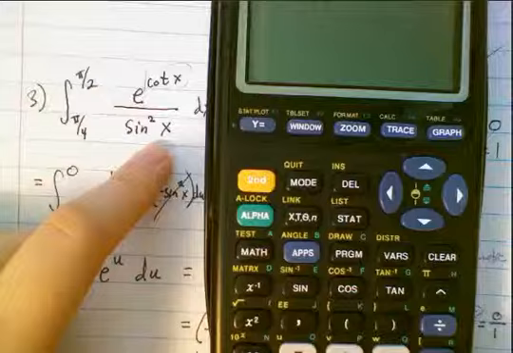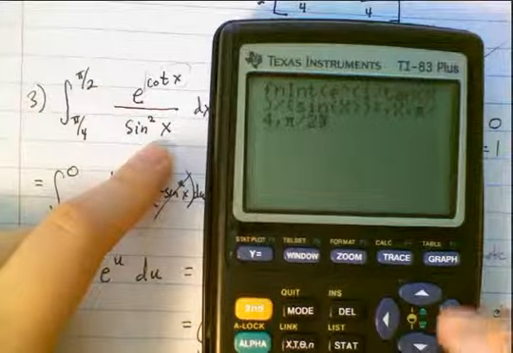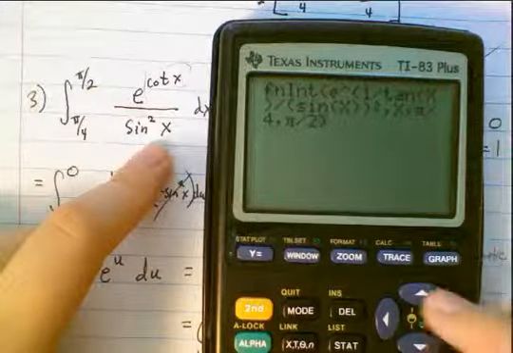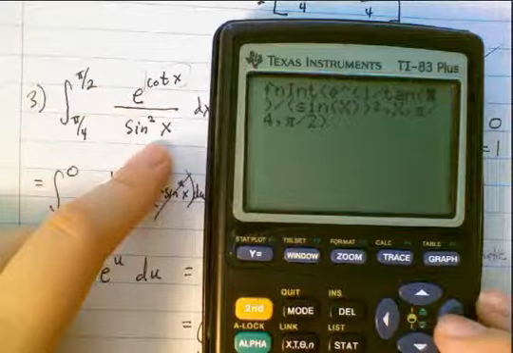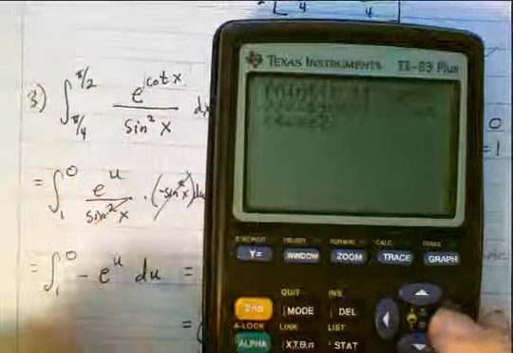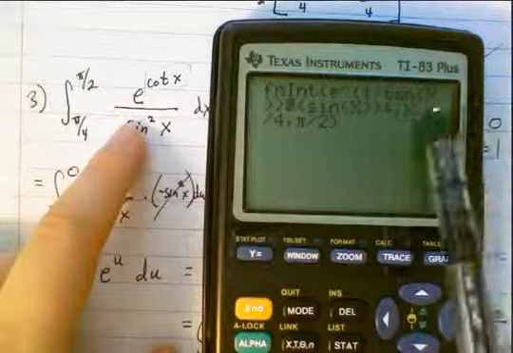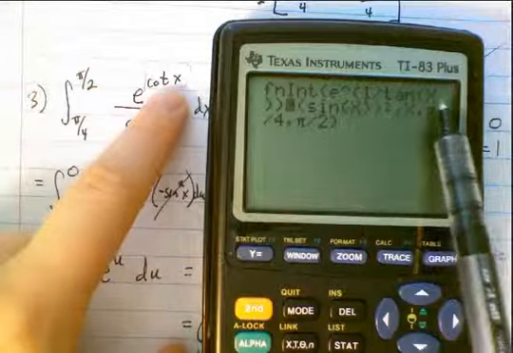Oops. Looks like I lost a parenthesis somewhere. So there's a starting parenthesis, starting parenthesis. Okay, here's what happened. I need another parenthesis right here because this parenthesis closed off the x in the tangent of x.